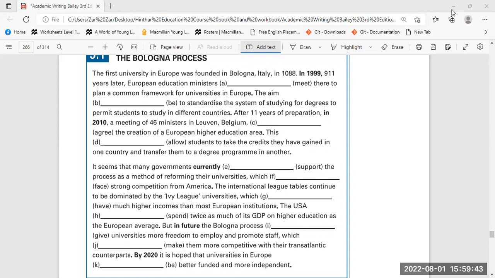The answer is being... I think this is supposed to be the main verb for the sentence, right? B. Yeah, B is "was."